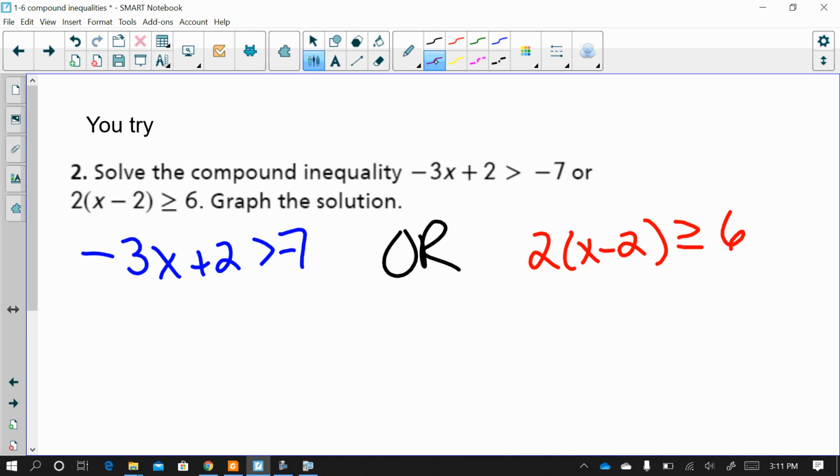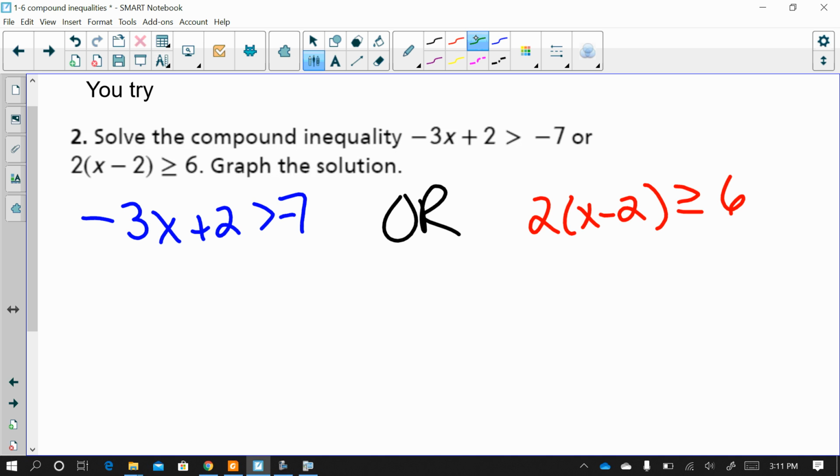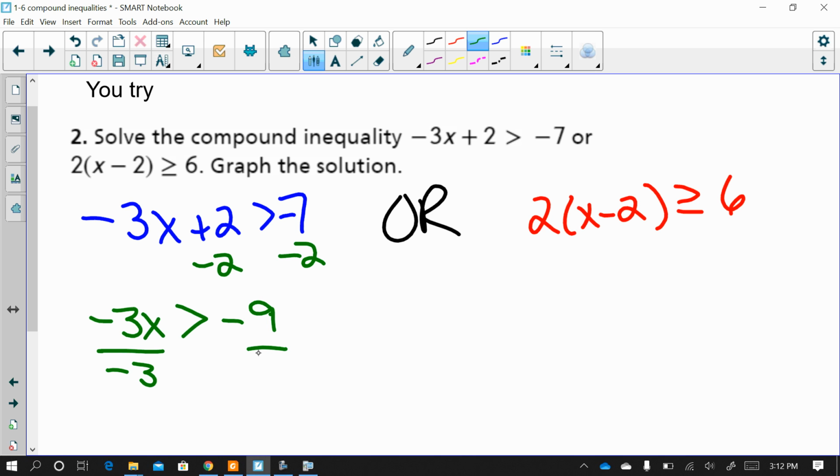Okay, let's solve the blue guy. So I get x by itself, we're going to subtract 2. Negative 7 minus 2 is negative 9. Divide by that negative 3. Oh, I divided by a negative, so I got to flip that sign. Negative 9 divided by negative 3 is a positive 3.